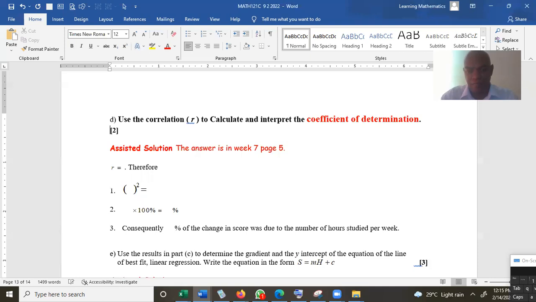Correlation analysis always pops up when you are analyzing how one variable affects the other. What are the factors that affect your score? Hours of study is one of them, but by how much? To calculate the coefficient of determination, you can go to weekly note 7, page 5. You can do that now.